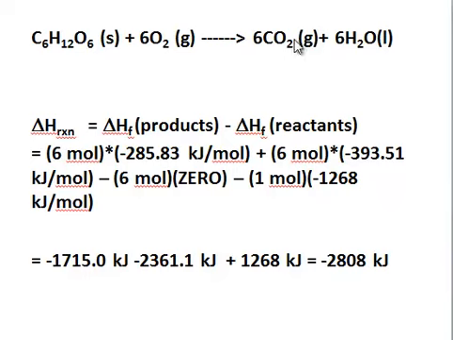On the product side we have 6 CO2s and 6 H2Os. If you look at your tables, 6 CO2s is 6 moles times negative 393.51 kilojoules per mole. Then the contribution from the water is 6 moles times negative 283.83 kilojoules per mole.